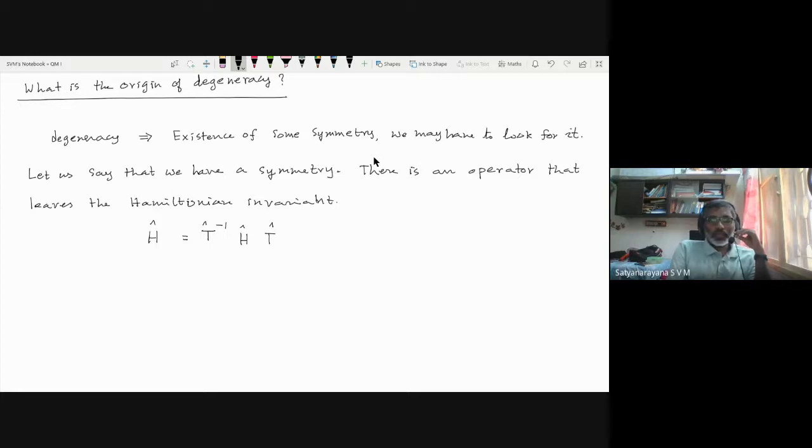Now this is equivalent, suppose I pre-multiply with T. I get T times H is equal to H times T. This statement is exactly the same as saying that the Hamiltonian and the transformation operator commute among themselves. HT is the same as TH. That means their commutator is 0.